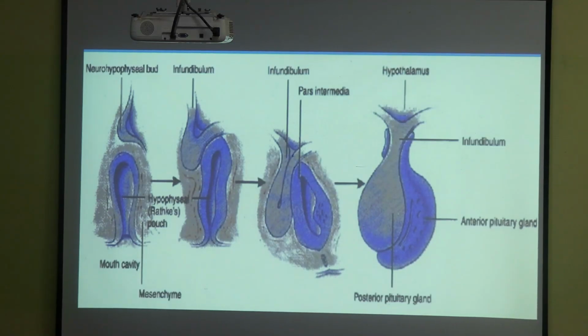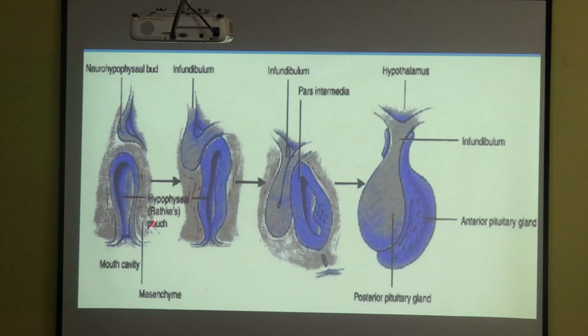During the third week of development, this ectodermal lining thickens and starts invaginating in the upward direction, forming a small bud-like structure initially called the hypophyseal bud. Later, the same bud invaginates more and forms a pouch-like structure called Rathke's pouch. Is it clear?